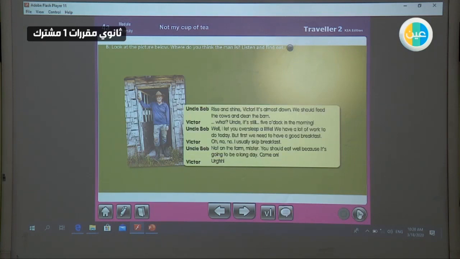So please listen carefully. Module 4, Diversity. 4a, Not My Cup of Tea. 1. Listening and reading. B. Look at the picture below. Where do you think the man is?